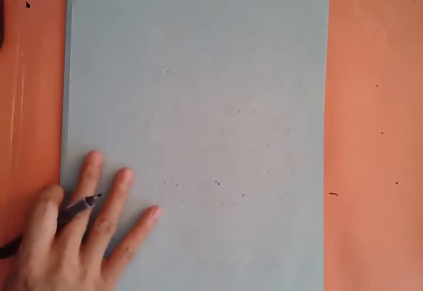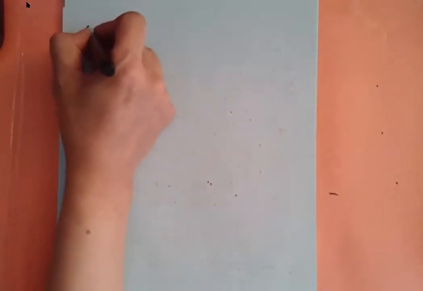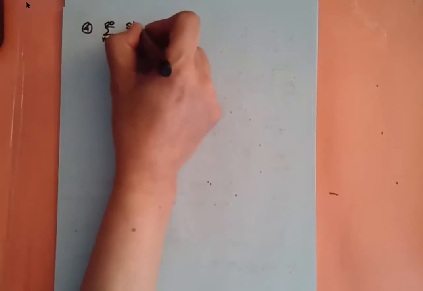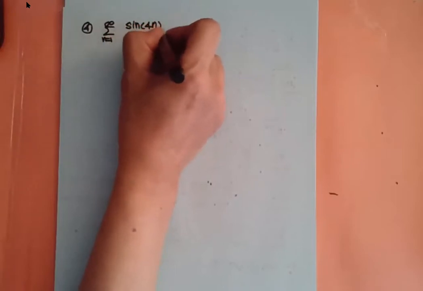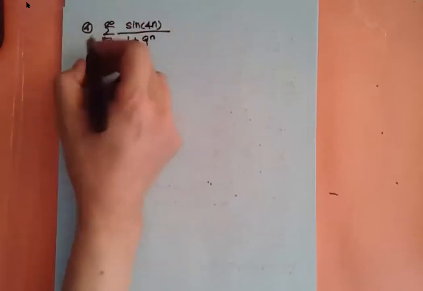Let's do the next problem. The summation from n equals 1 to infinity of sine of 4n over 1 plus 9 to the n power.